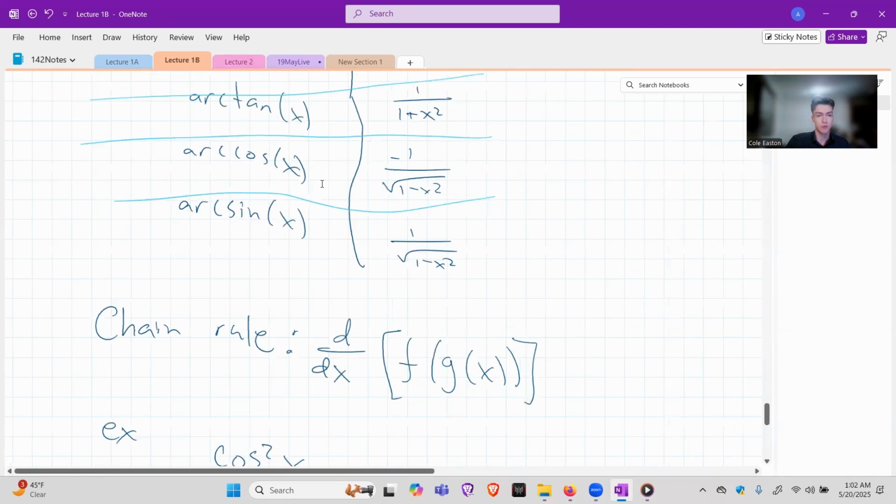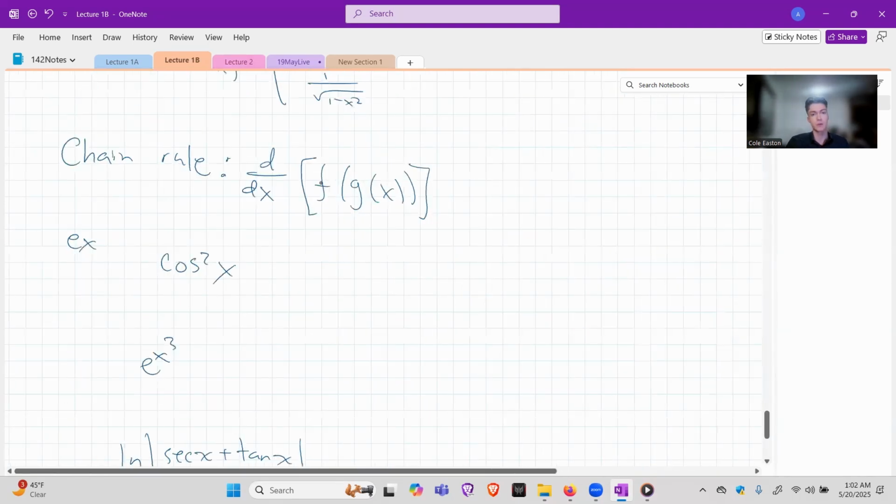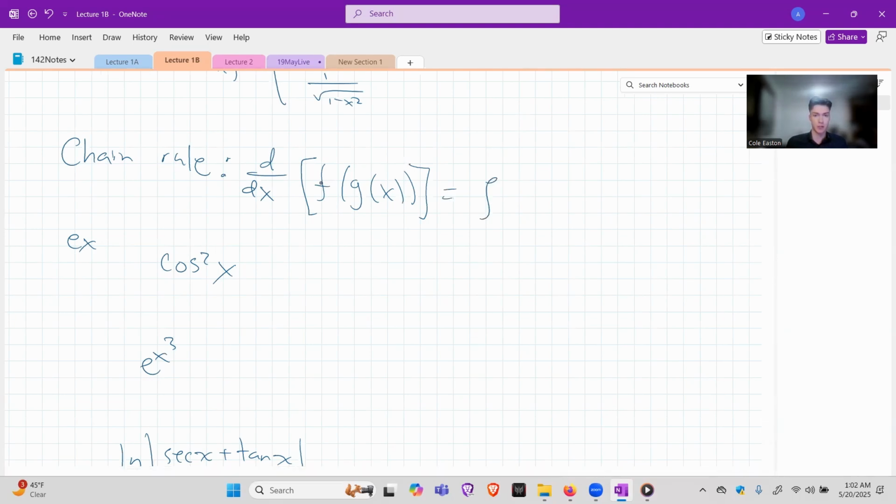Let's go on to our derivative rules. So chain rule, the derivative of some composition of functions, so f of g of x, we're going to start by just taking the derivative of the outer function and just plugging whatever we had inside into that. And then we're going to multiply that by the derivative of the inside. And we could keep doing this again and again and again.